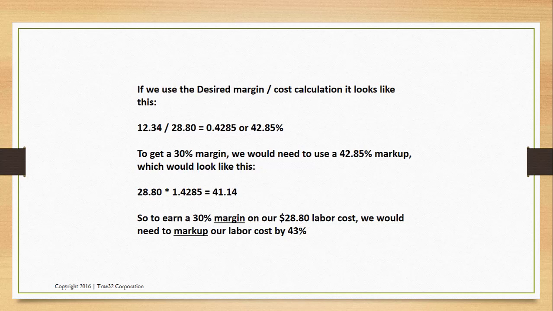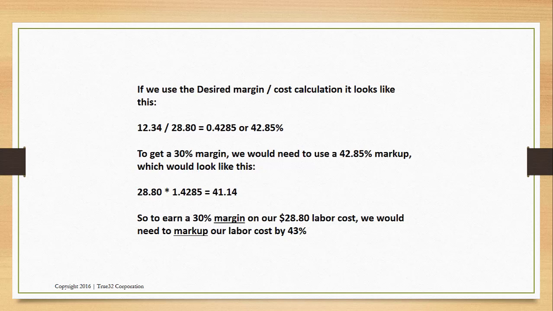To get a 30% margin, we would need to use a 42.85% markup, which would look like this: 28.80 multiplied by 1.4285 equals 41.14. So the 1.4285 represents a 42.85% markup.